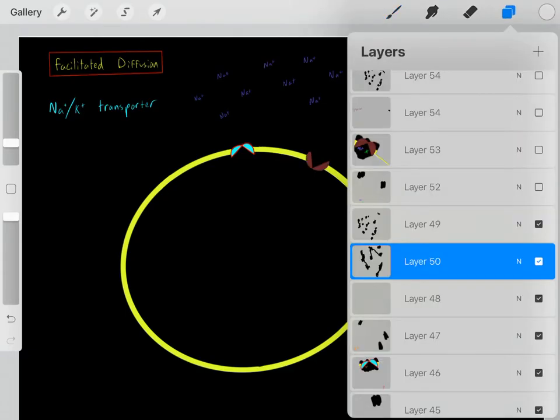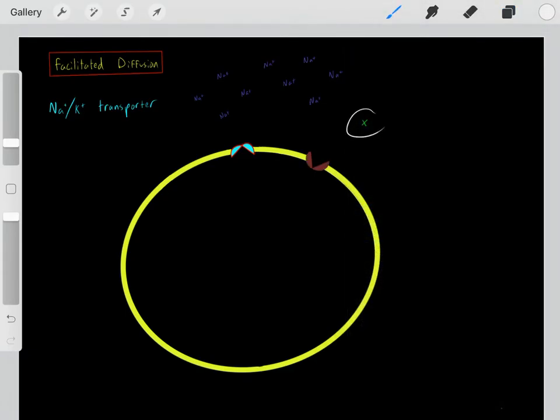For example, let's say we have this molecule X. It doesn't matter what it is. Let's say we have this generic molecule X, and for whatever reason, the cell wants to take that molecule X and bring it inside of the cell. How can the cell do that? Well, as long as we have the right transporter that has the correct structure, it can use the sodium gradient, because we know sodium desperately wants to enter inside of the cell.